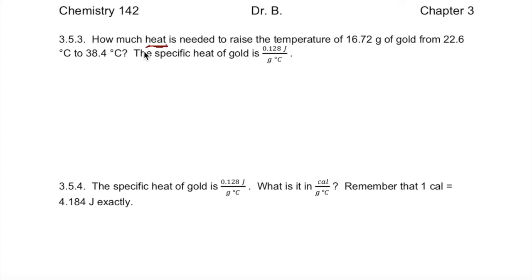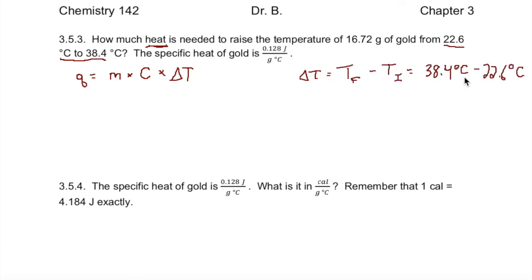This problem we are solving for heat. We are told the specific heat, the mass, and the beginning and ending temperatures. So we have some temperatures, mass, and specific heat, and we need heat, which is Q. So we need this equation. The change in temperature is the final temperature minus the initial temperature.